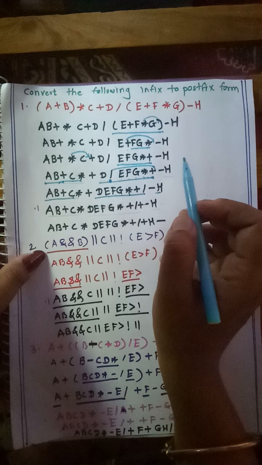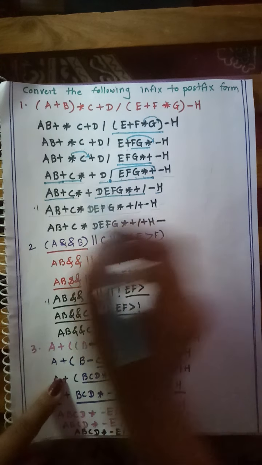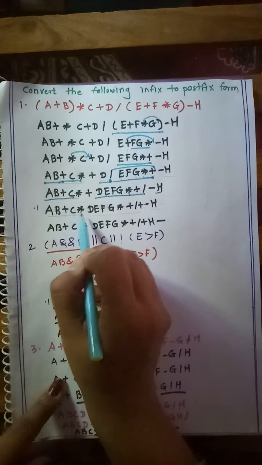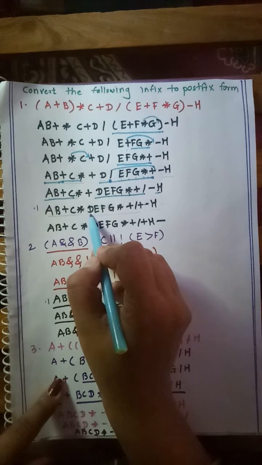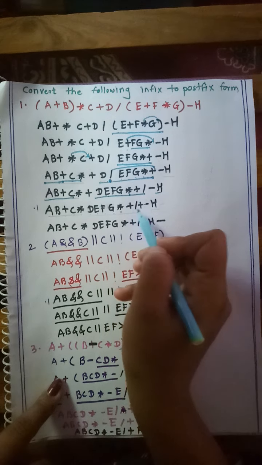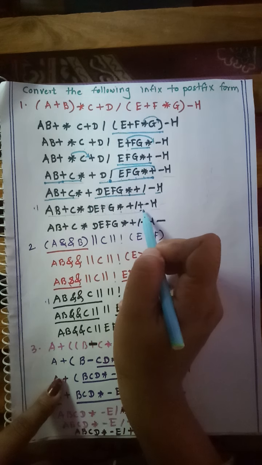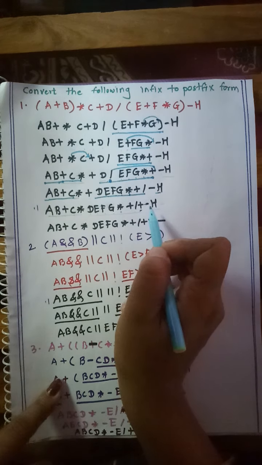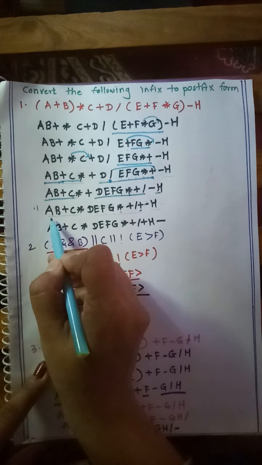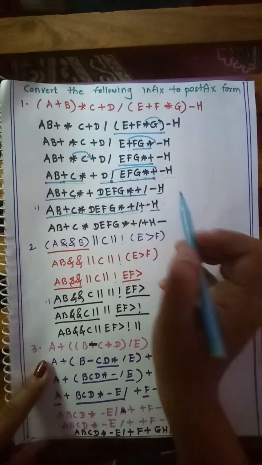Now again we go from left to right associativity. Now a b plus c star d e f g star plus slash, and this plus goes here, plus sign, minus h. Now this is the whole term, this term is one term and this is one term.